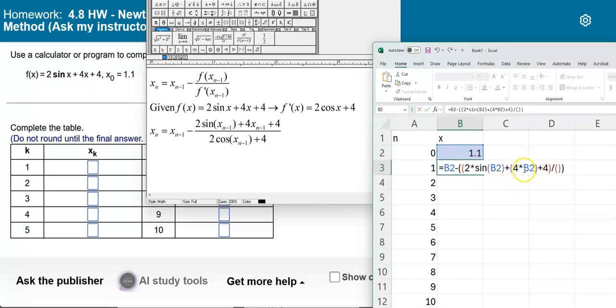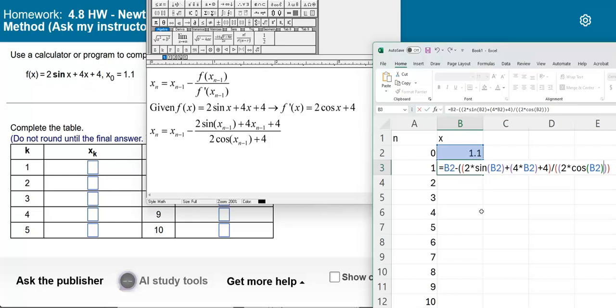I group them term by term, and then I divide it by the second expression right here: 2 multiplied by cosine of the previous value of x, which is this cell right here.